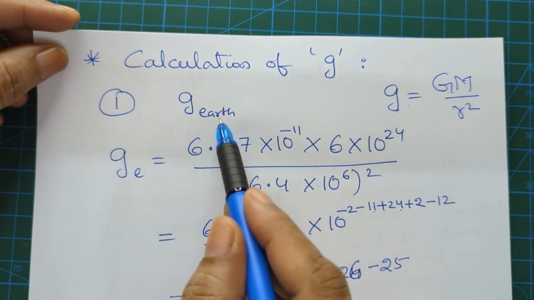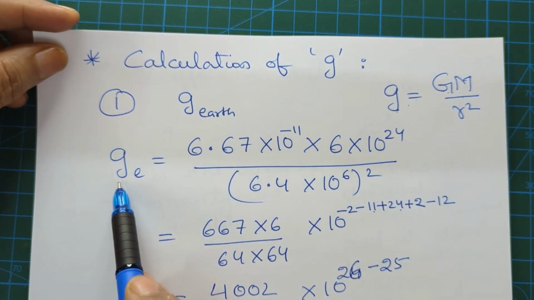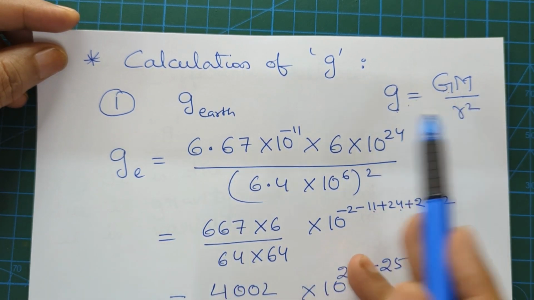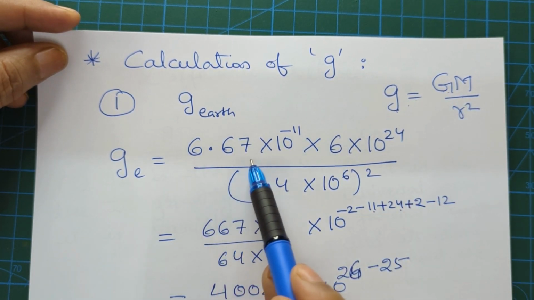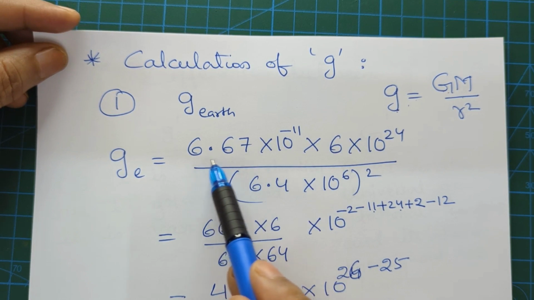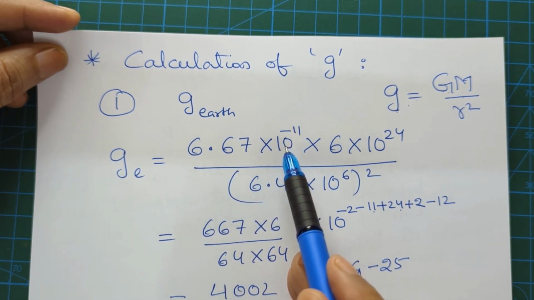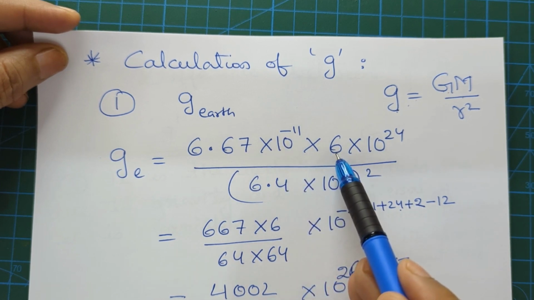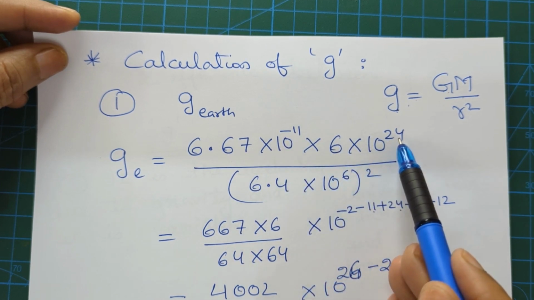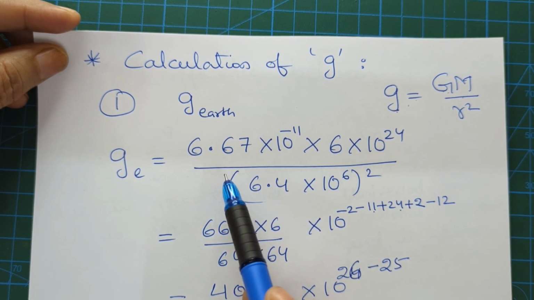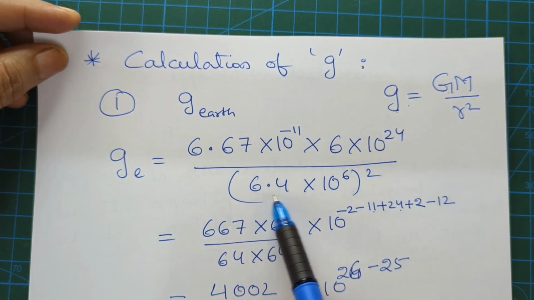So we will calculate g of earth. We are using the formula g is equal to GM by r square. So capital letter G is universal gravitational constant, which is 6.67 into 10 to the power minus 11 newton meter square per kilogram square. Mass of earth is 6 into 10 to the power 24 kilogram, a good number to remember. Divided by radius of earth.